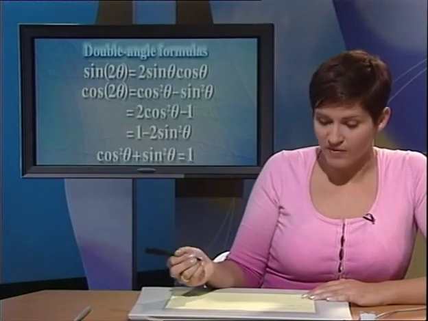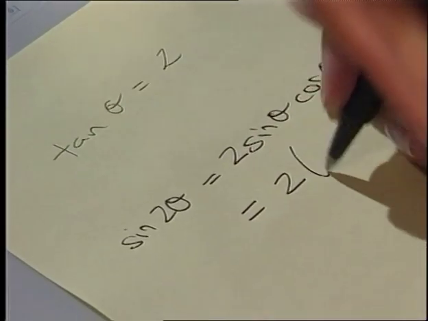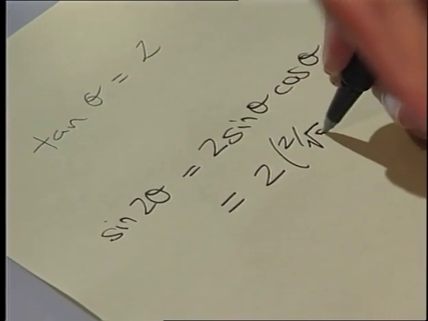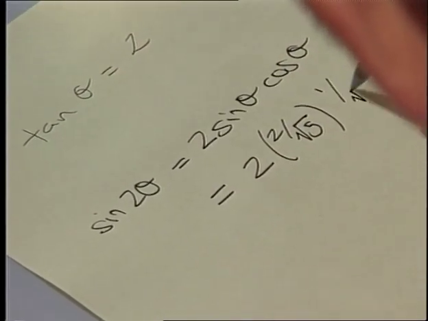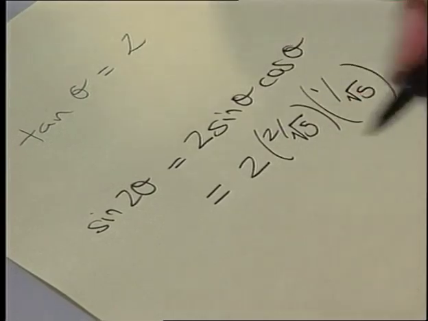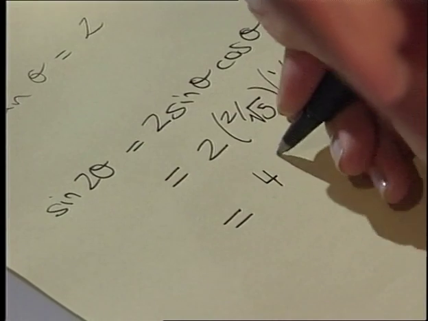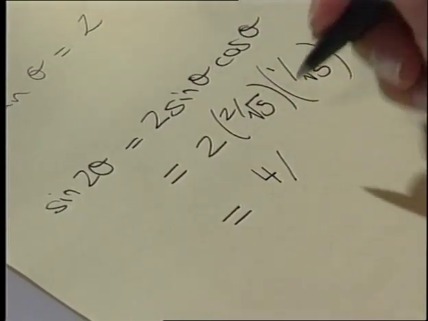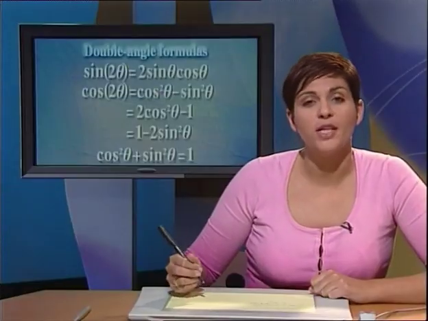And substituting my values in, that gives me 2 times 2 over root 5 times 1 over root 5. And multiplying that out, that gives me 2 times 2 is 4 over root 5 times root 5 is 4 over 5. So I've done that one.